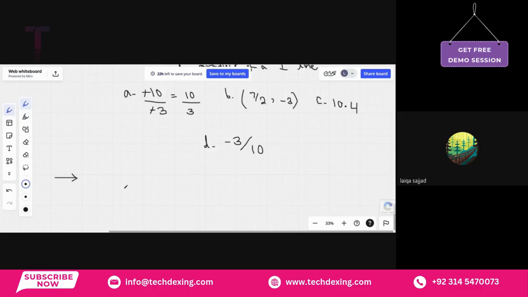So one is point P with coordinates 3 and minus 4, and point Q with coordinates q and 0. And you are given the gradient for this line joining point P and Q. Its gradient is 2. We have to find the value for q.